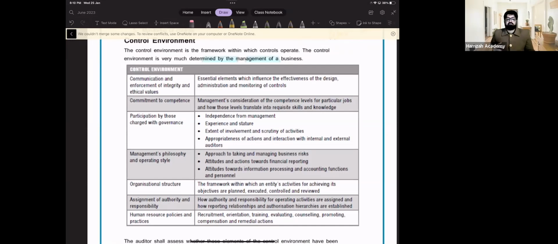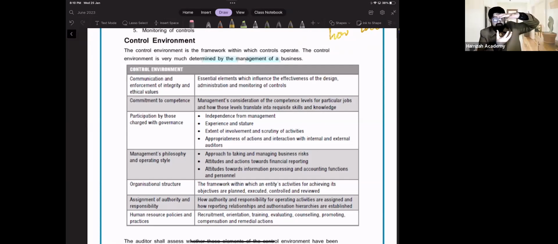Now, I repeat my words. Control environment is those factors under which control operates, under the influence of which. If they are favorable factors, control works well.